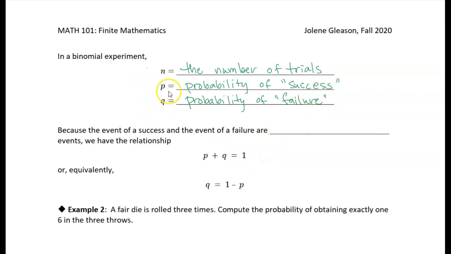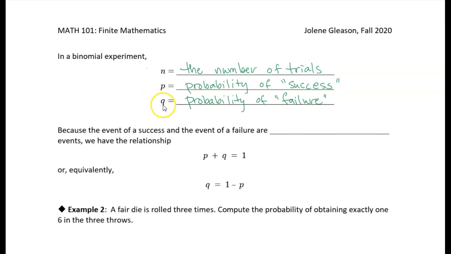Now, P and Q are related to each other, because the outcome is either going to be a success or a failure. If it's a Bernoulli experiment, you only have two possible outcomes, and if there are two possible outcomes, then P and Q have to add up to 1. Q is essentially the complementary probability.